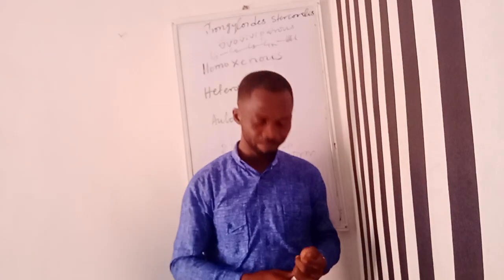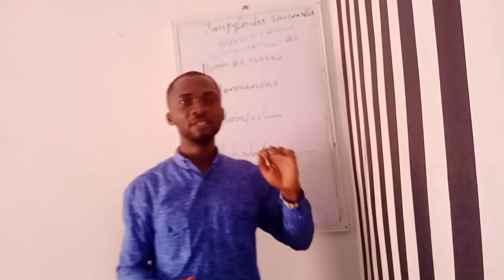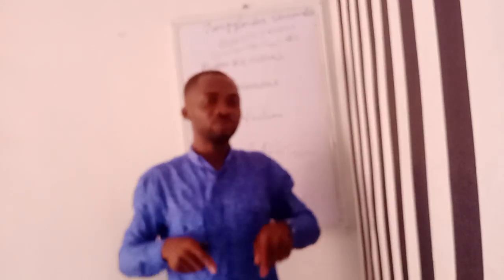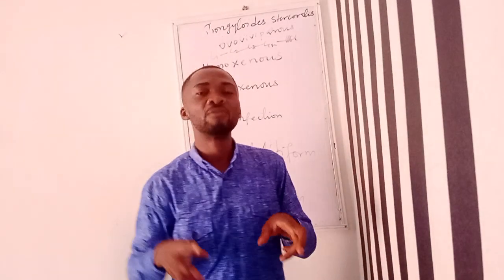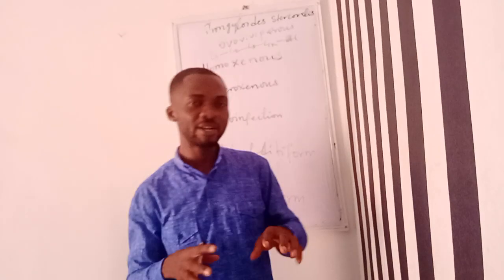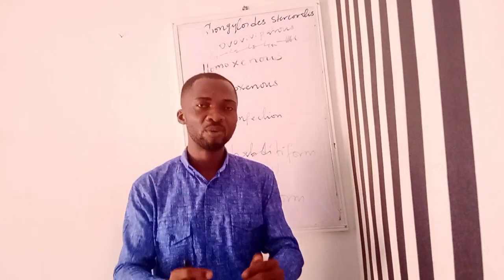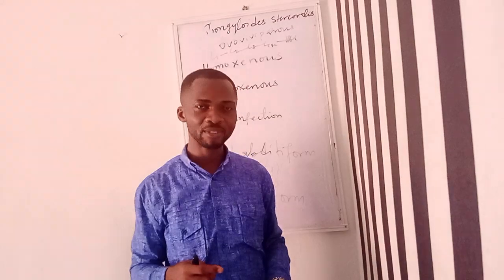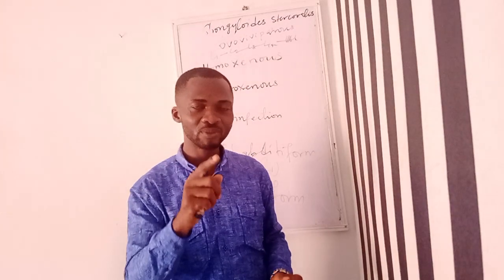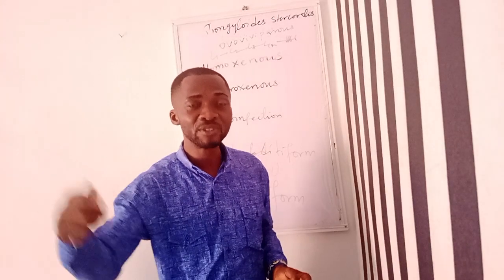So let me explain again. In the heterogonic cycle, the rhabditiform larva which has been released and is found within the feces of the person suffering from the disease, instead of molting to become a parasitic organism within that environment, must become a free living organism, a free living Strongyloides.